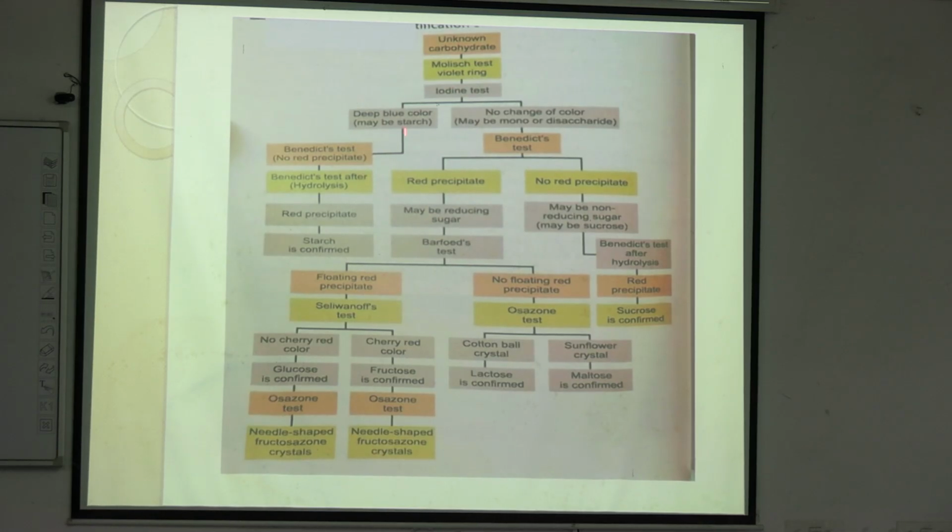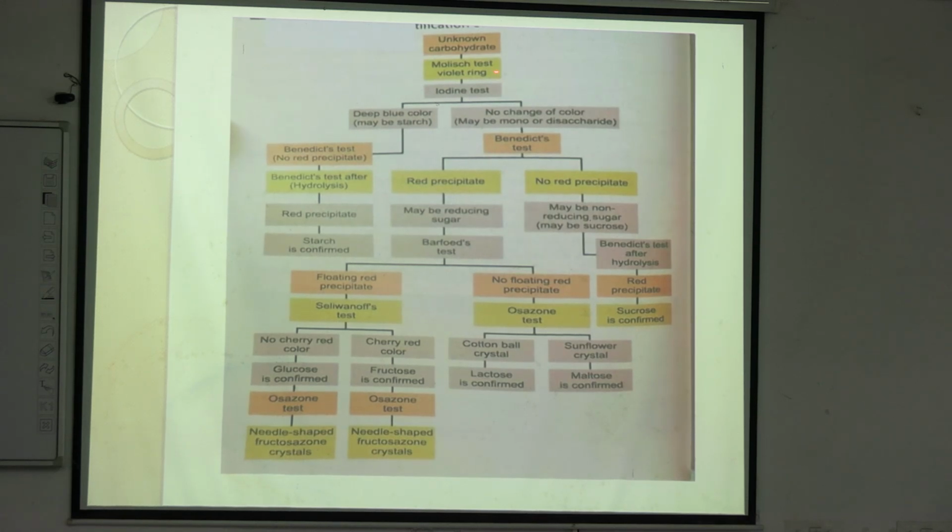Okay, so if it comes deep blue, we will perform Benedict's test. There will be no red color. But after acid hydrolysis, there will be red precipitate. Okay, so we may say this is starch, right? Because other than starch, nothing will give iodine positive.